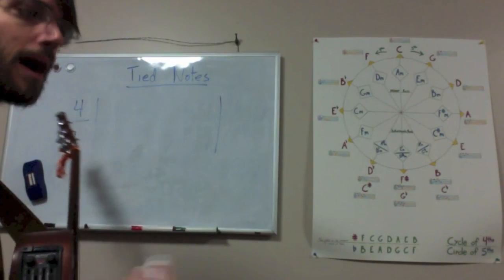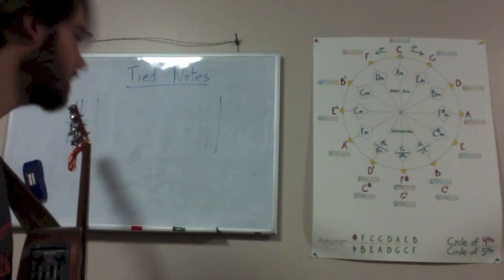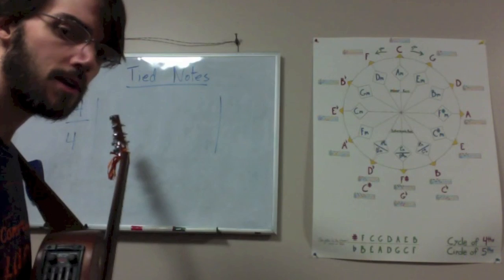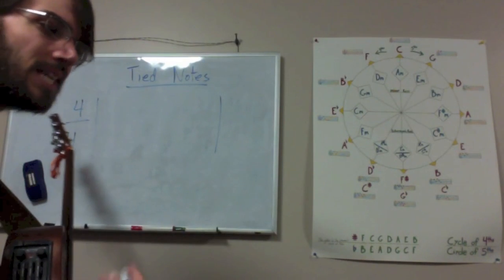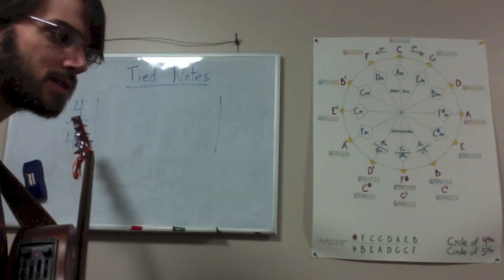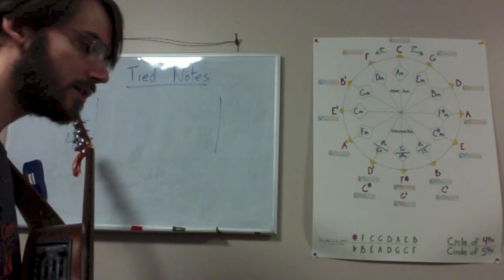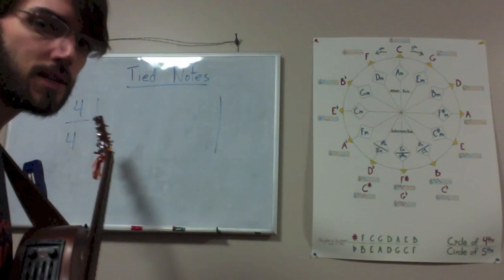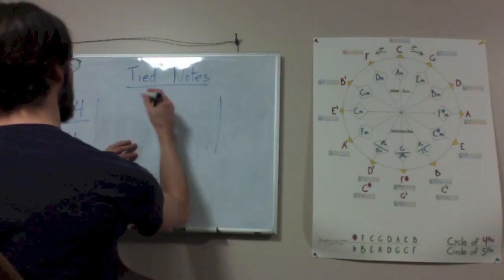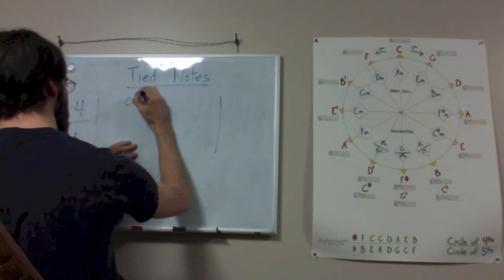They give us more options for extending, so they're a little bit more useful, I guess you could say, than dotted notes. But if you don't need to use a tie, then you might as well use a dotted note. Because dotted notes are a little less flexible, they're easier to read, easier to understand and count, as you'll see in a sec.